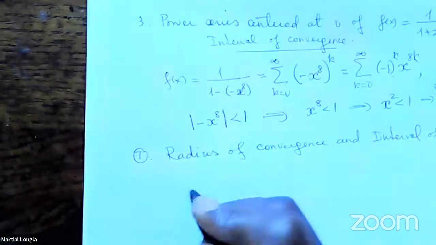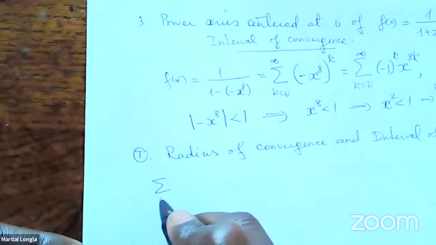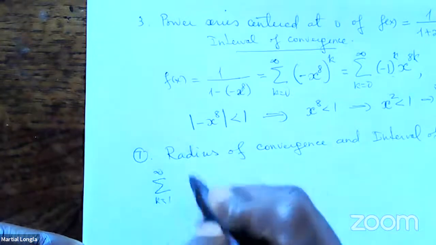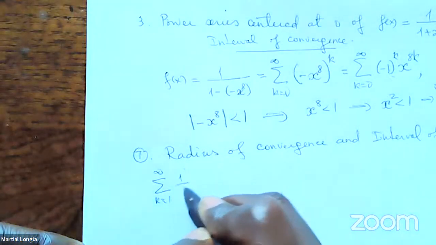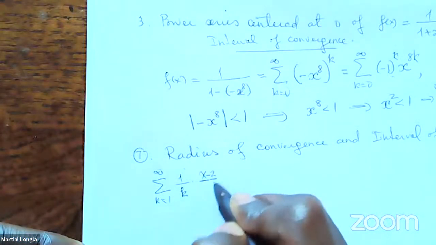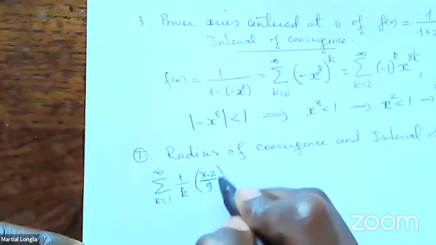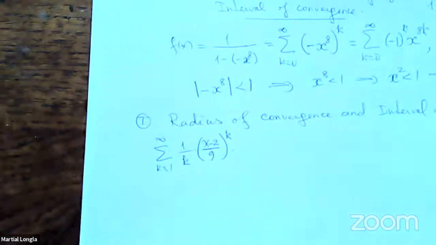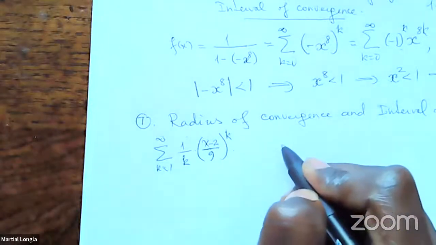And let's say here I'm going to give you the sum k from 1 to infinity of 1 over k times (x minus 2 over 9) to the power k. Then you're going to have to find AK.